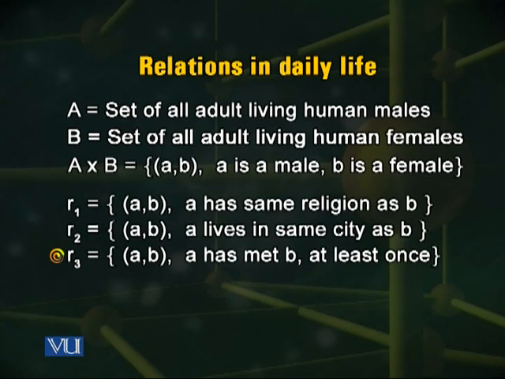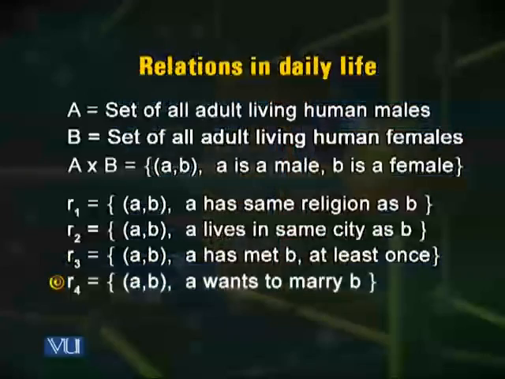It says that R3, the third relationship, contains all males and females such that the male has met the female at least once. So for a certain male A, it contains all the females that he has met during his lifetime. Let's look at the next relation, which is relation 4.